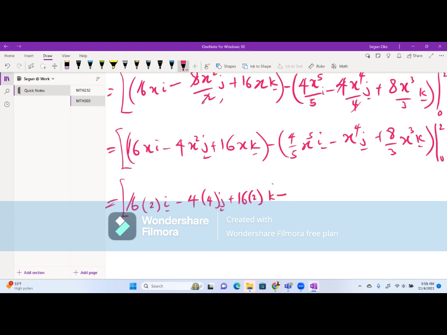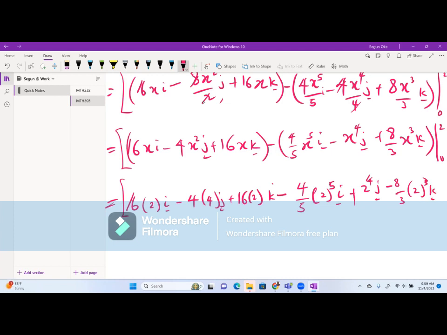Minus, I can open it with this negative to the other side. Minus 4 over 5 of 2 raised to power 5 i minus 2 raised to power 4 j, plus, no, sorry, this is minus, plus, this turns to minus 8 over 3, 2 raised to power 3 k.